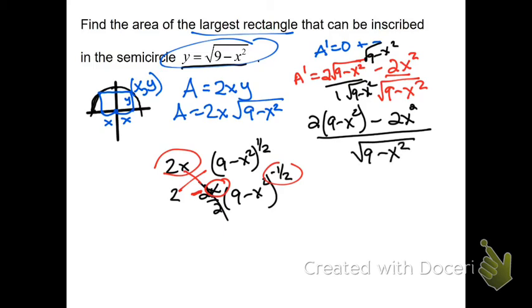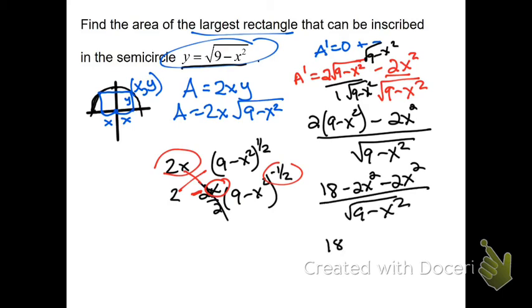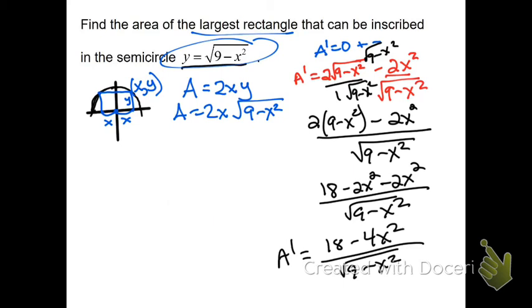Distribute, combine like terms. And that's my derivative. I'm going to double check my math, so I'm going to pause for a minute, make sure we're on the right track.